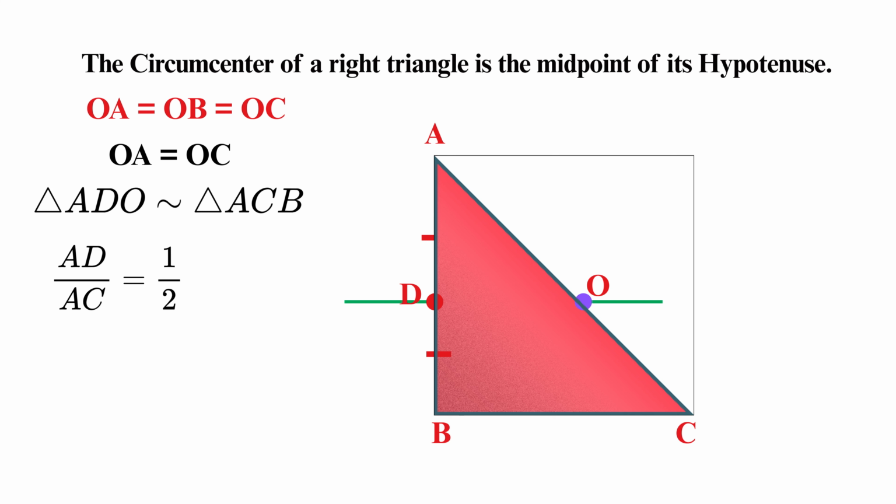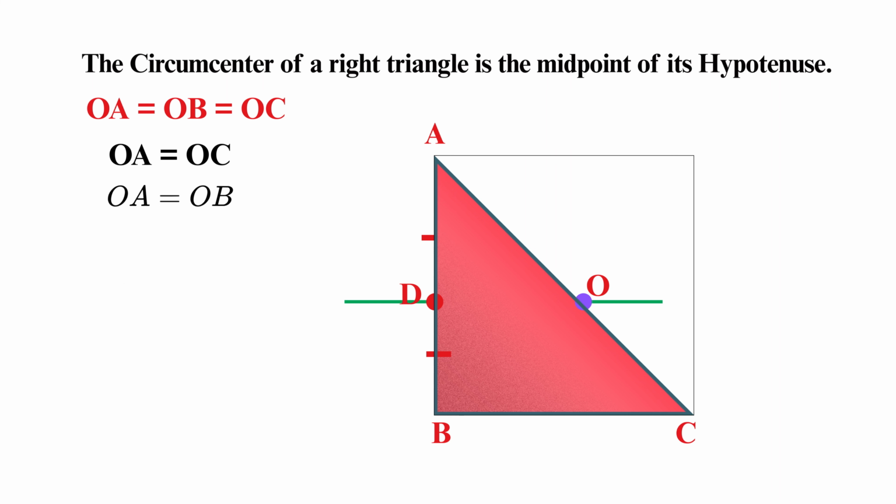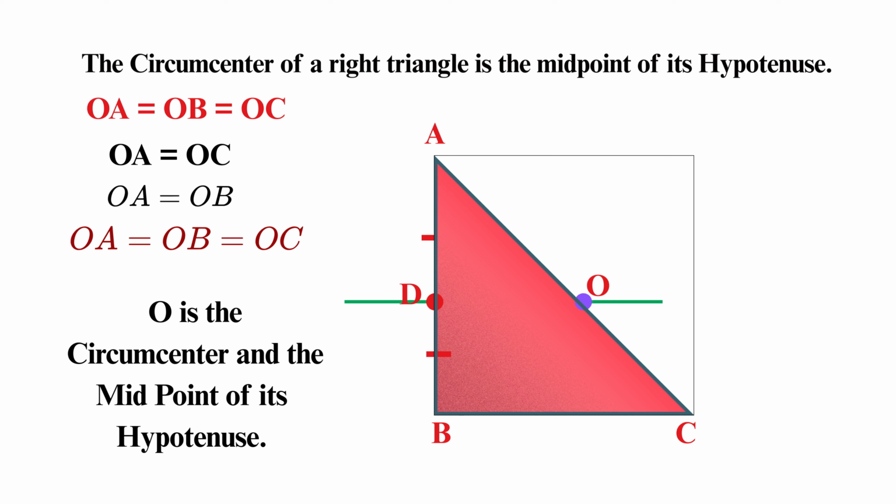So AO divided by AB equals 1:2, which means AO equals OB. Therefore, OA equals OB. And since we also have OA equals OC, all three are equal. That proves O is the circumcenter of triangle ABC and the midpoint of the hypotenuse.